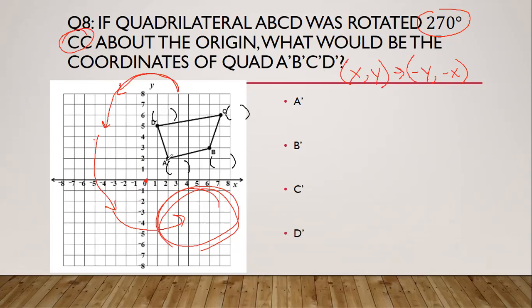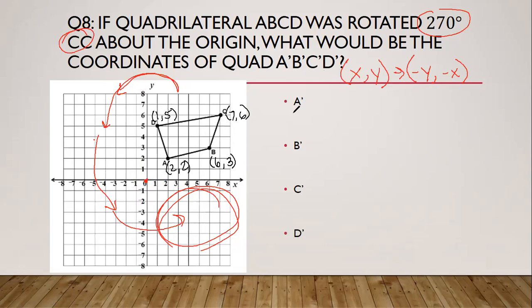So A looks to be at (2, 2). B is at (6, 3). C is at (7, 6). D is at (1, 5).